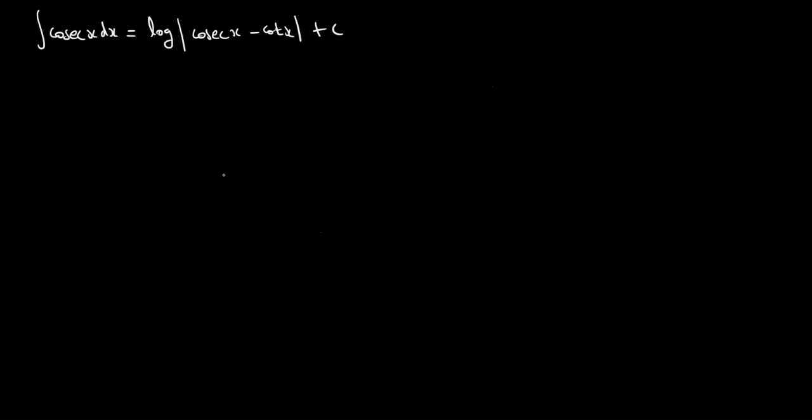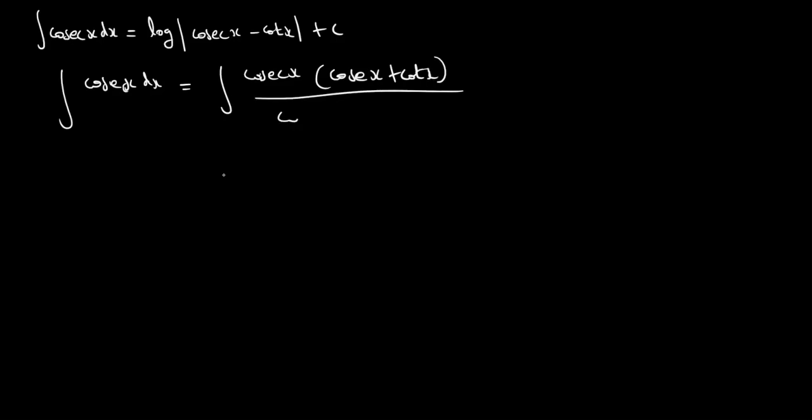Or in an alternative way, we can proceed by multiplying this function cosec x dx by cosec x plus cot x by cosec x plus cot x. That is cosec x into cosec x plus cot x divided by cosec x plus cot x dx.